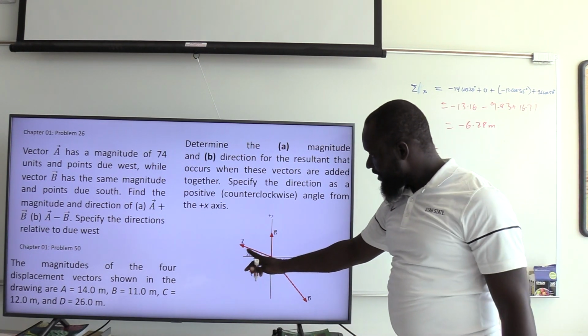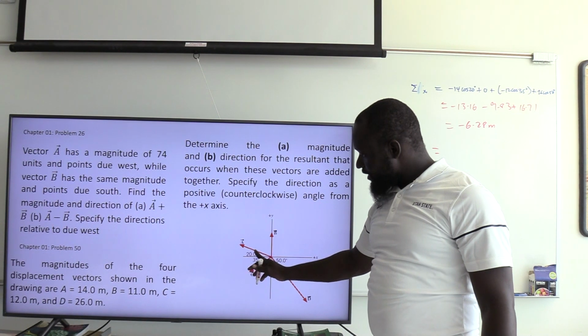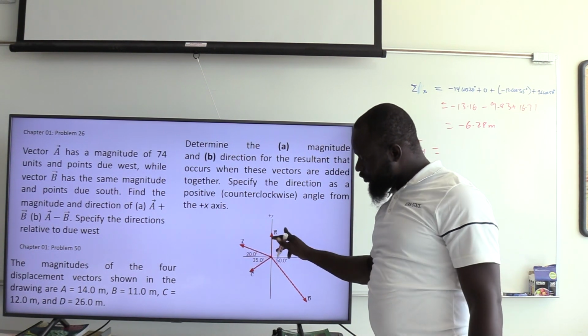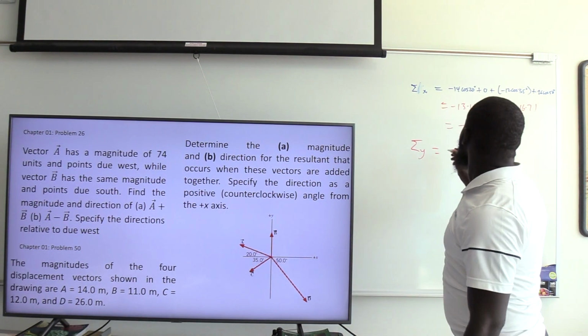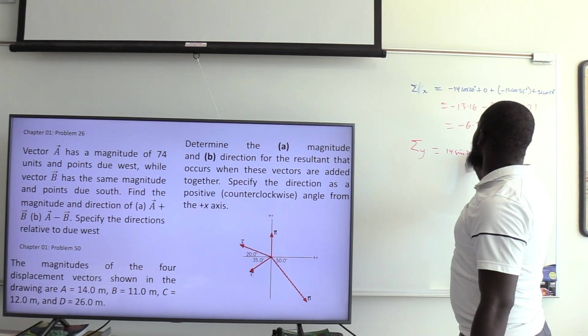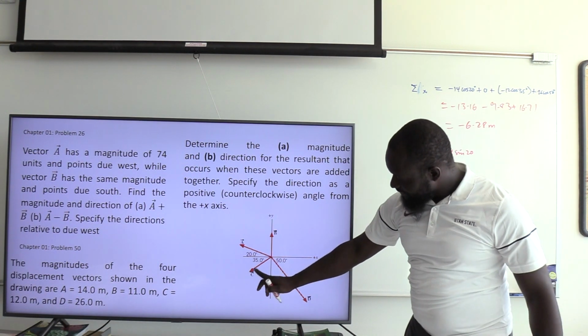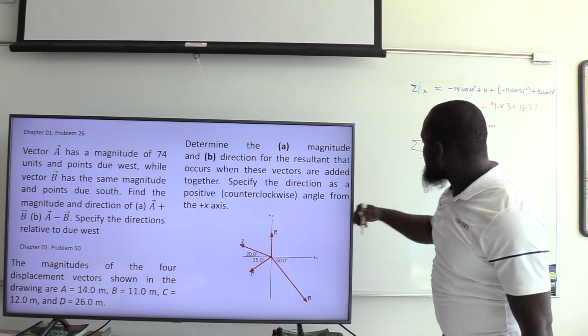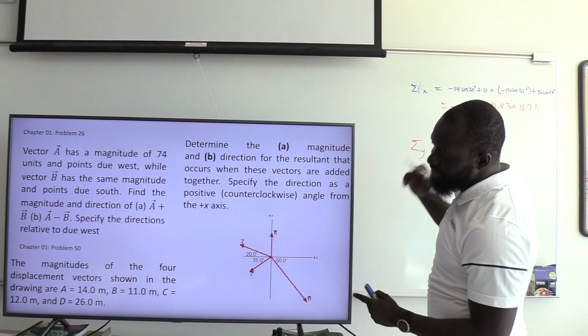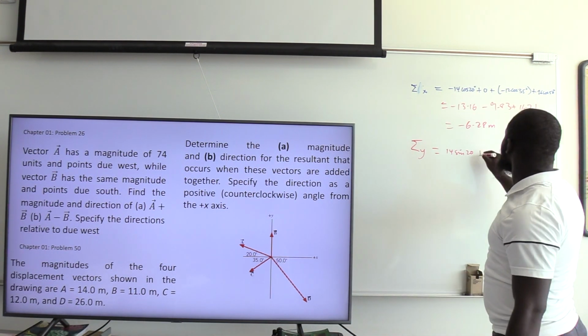Good. Now let's go to sigma y, the y components. A is cosine 20 to x, so it will be sine 20 to y, and it's positive y. So it's 14 sine 20. B is already in y, so it's positive B, plus 11.